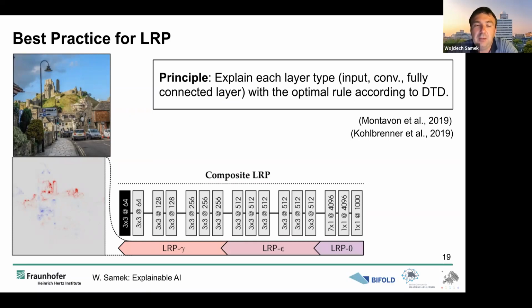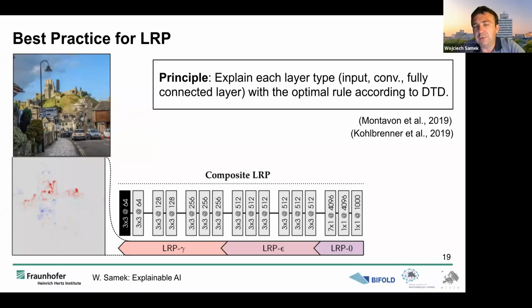For example, if you have a ReLU activation, the outputs are only positive or zero. If you have an input layer which consists of pixels, you often have a box constraint. For example, the pixel values are between 0 and 255. If you have word embeddings as input, you don't have this constraint.